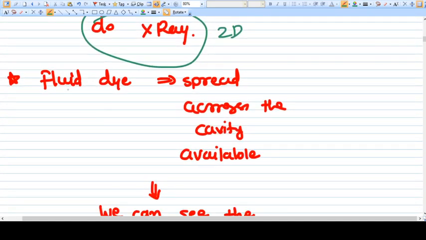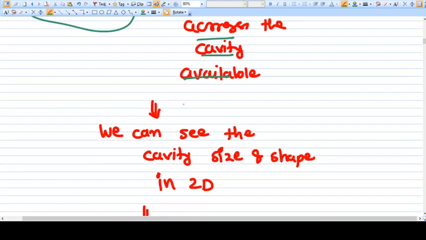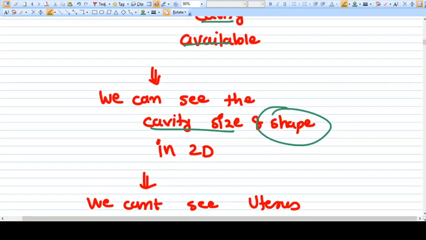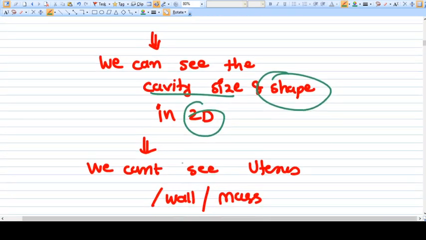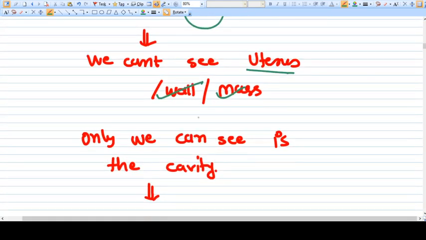The dye is in fluid form, so it will spread across the cavity available to it. So we can see the cavity size and shape in 2D. What we can't see is the uterus, its wall, or any mass outside the uterus. We can only see the cavity.